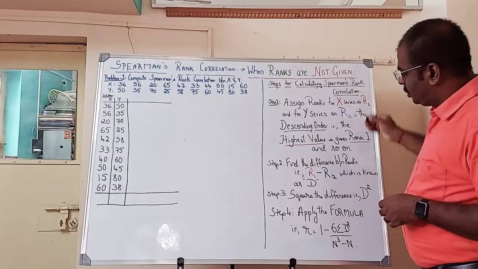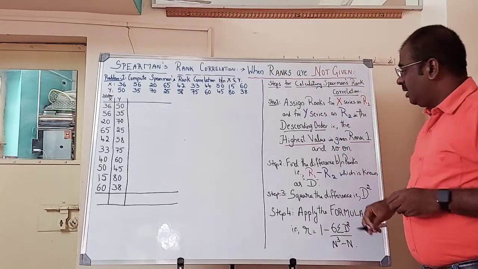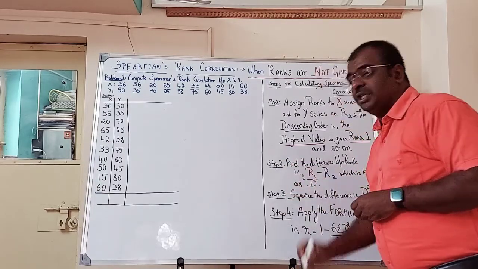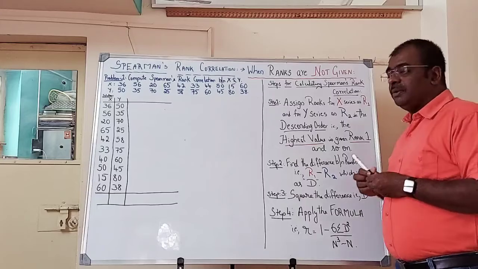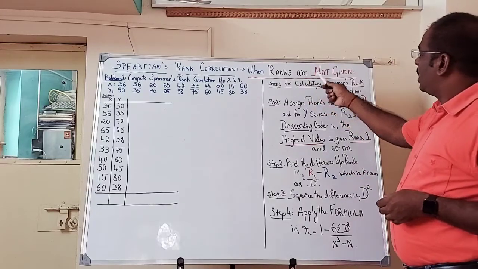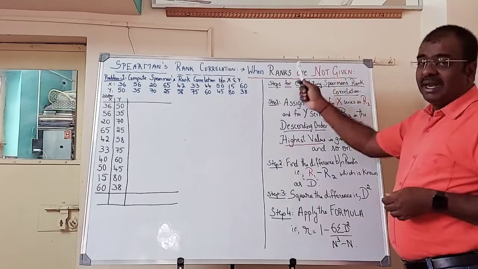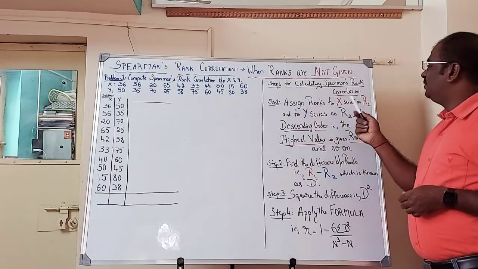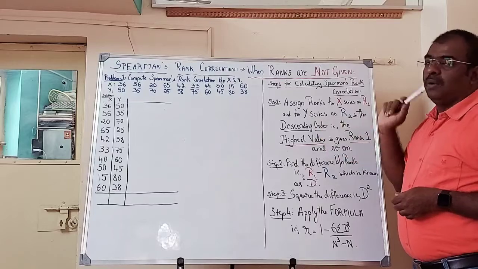So what are the steps to be followed? There are 4 simple steps so that we can simplify our procedure of solving the problem. Most importantly, since the ranks are not given, we first have to assign the ranks for X series and Y series.